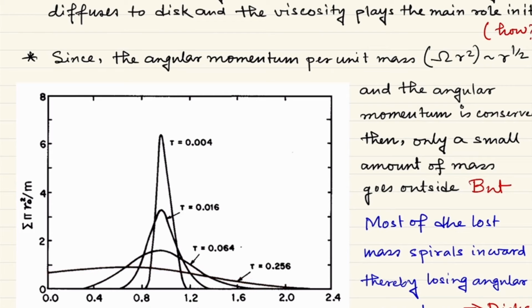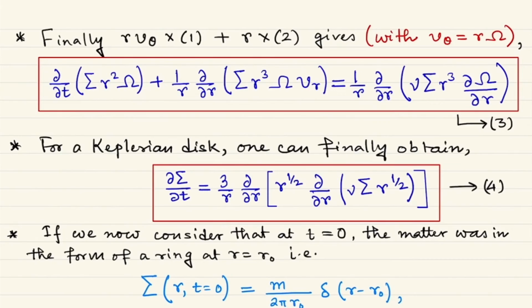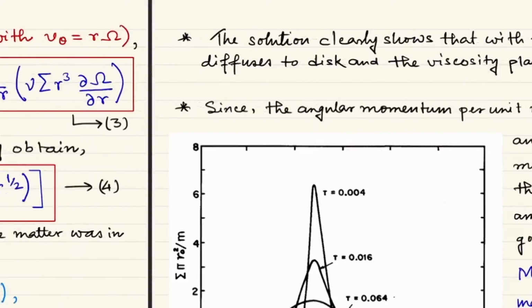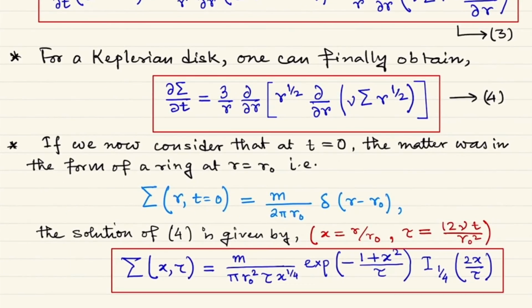Now you see that finally it happens. So first it started diffusing. Okay, so basically this solution clearly shows that when t increases, I mean, this is not t, this is tau.